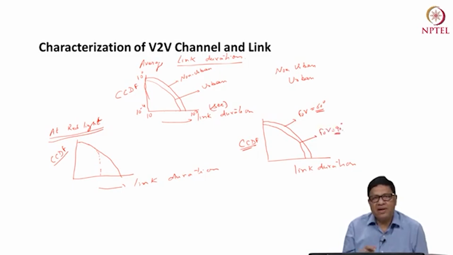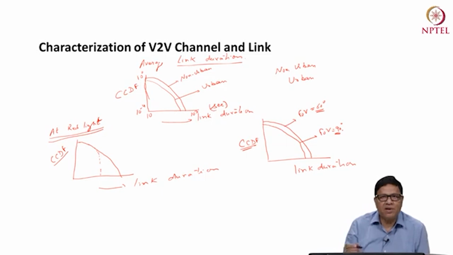Because if you have the wide FOV, that means it is getting interference from a larger area from different sources, different vehicles, which will actually increase the noise floor. So that is why you see the performance degrading when you increase the FOV of the receiver as compared to smaller FOV.